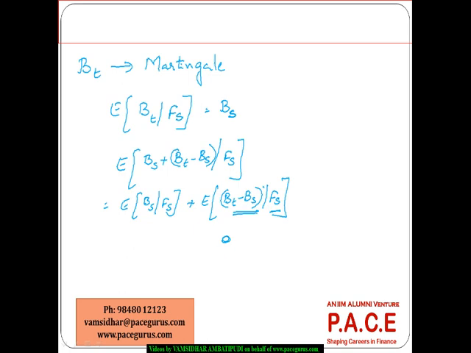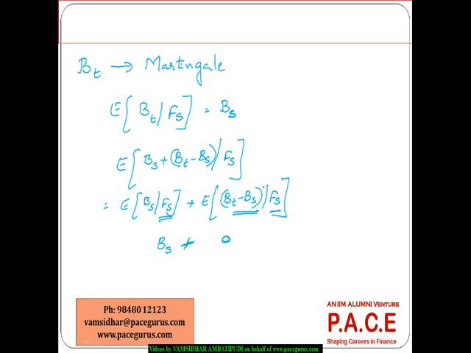So this part is 0, and expected value of Bs given Fs is nothing but Bs itself, because there is no expected value. It is an actually known value. Bs is an actually known value up to time period S. So it is working out to Bs. So it can very clearly be seen that Bt is a martingale in this process.